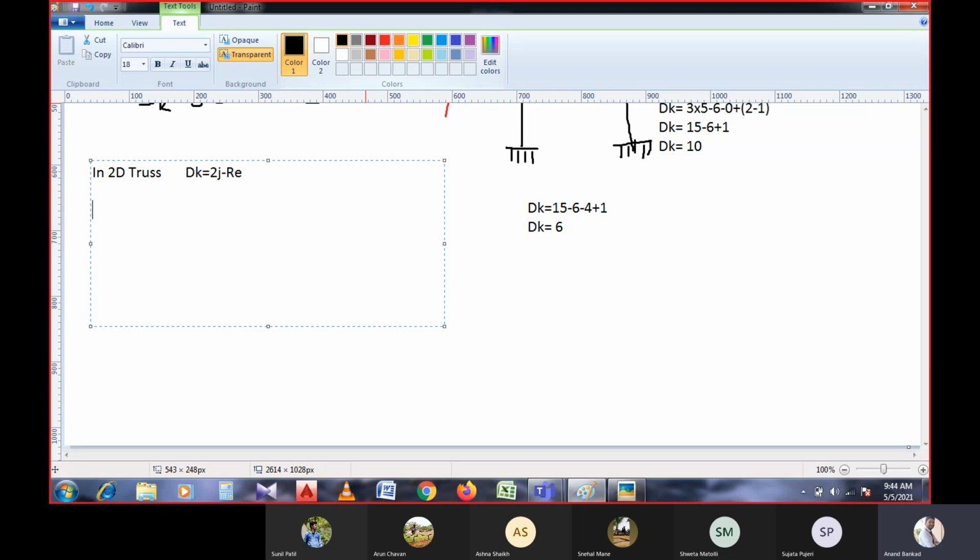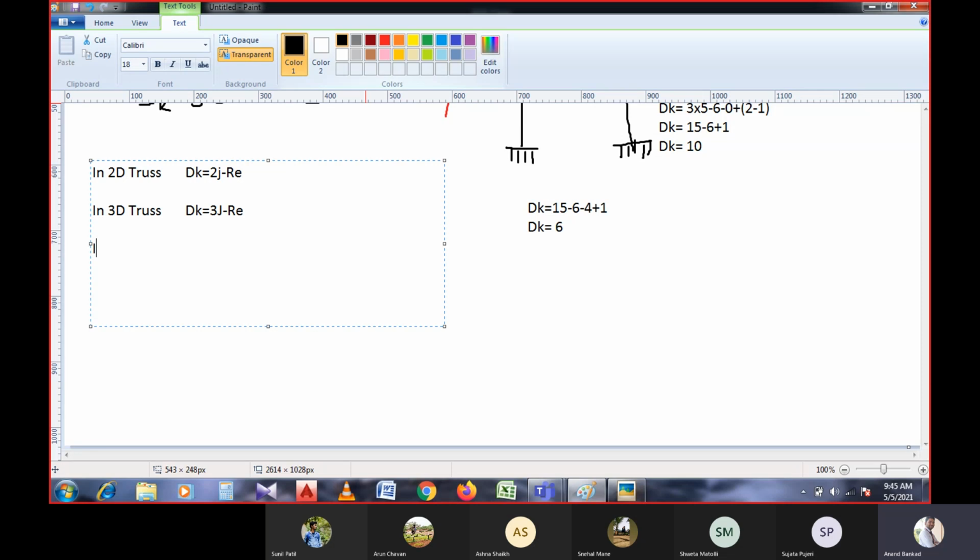And at the same time, in 3D truss, if you observe the DK, that is degree of freedom, you'll be having three degrees of freedom at each joint, and at the same time we have to deduct the external reactions, right?